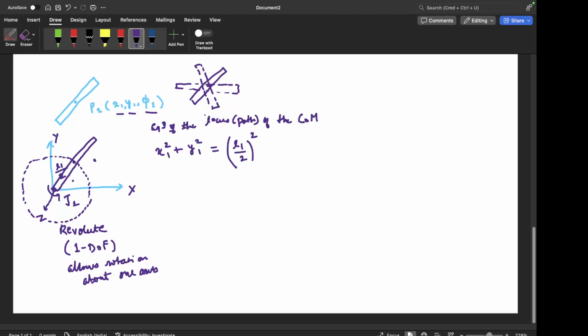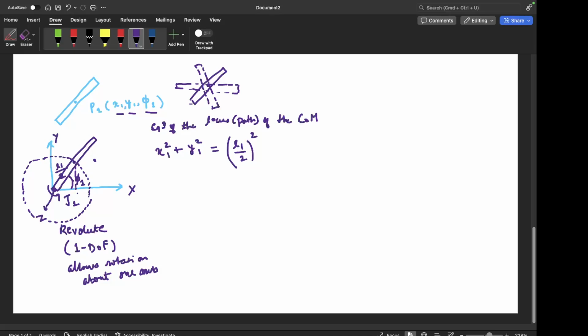So phi 1 we can choose independently, even if I keep x1 and y1 fixed, because it was a degree of freedom at that time. But in this case now, if I enforce a revolute joint, then this angle, the orientation phi 1, cannot change independently.